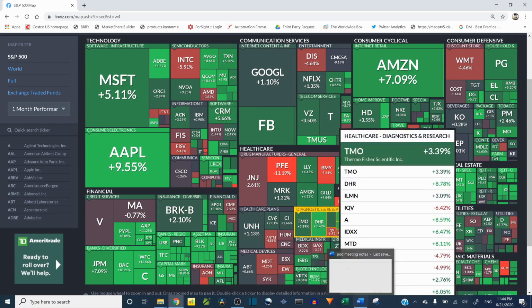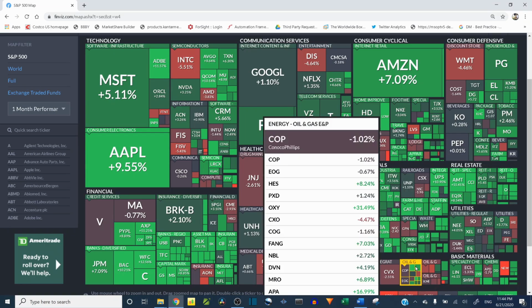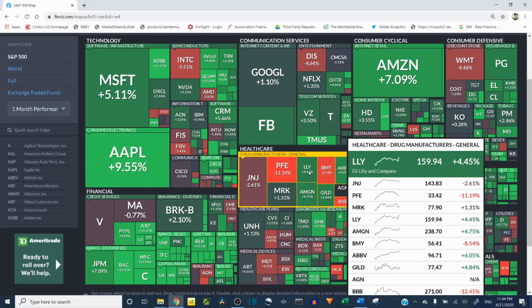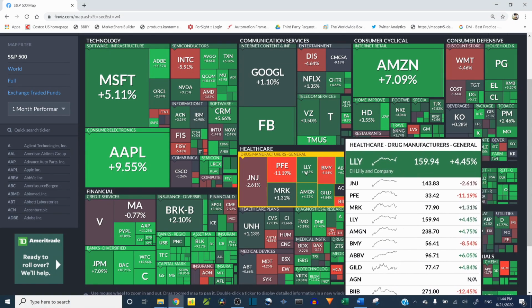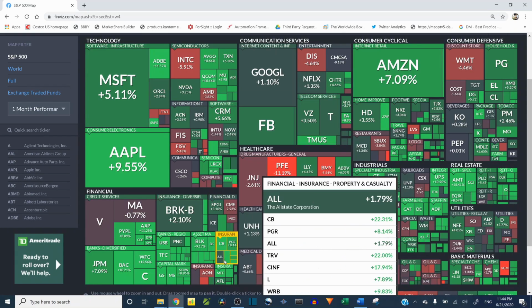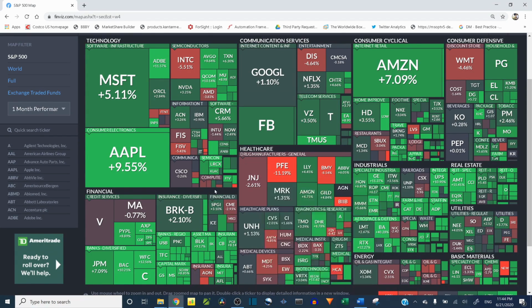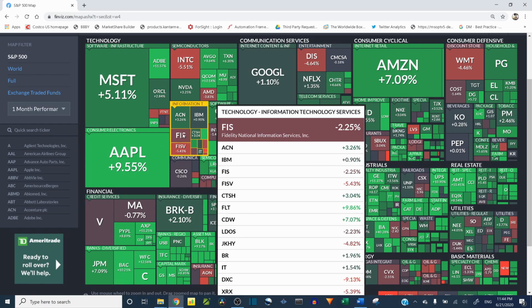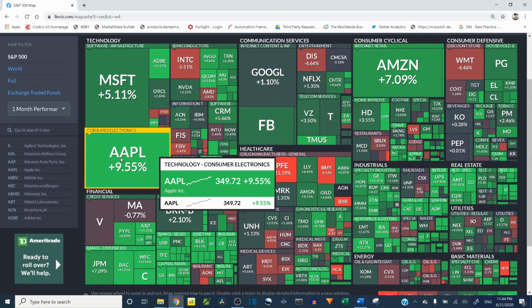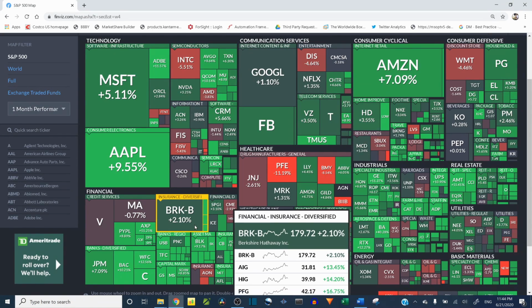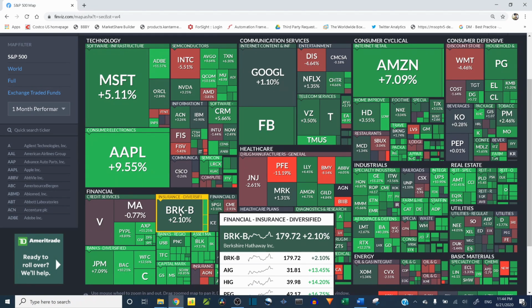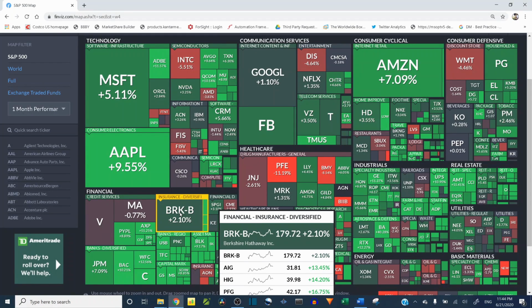But even if you look at healthcare and energy, there are some stocks that performed really well within these sectors. What's also nice is, let's say Apple performed really well. If you hover over BRK here, you could see related stocks below that, and it shows you performance of that as well.